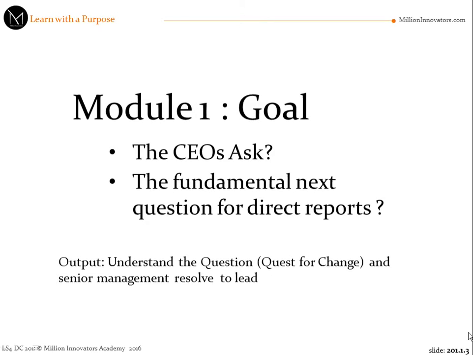The goal of this module is to truly understand what our CEOs are asking. Once we understand what they're asking, we can decide how to plan this work so we can execute on the ask. The objective is to understand the question and to understand whether we, as a senior management team, have the resolve to pursue it.